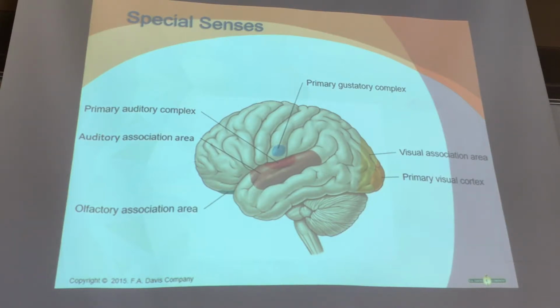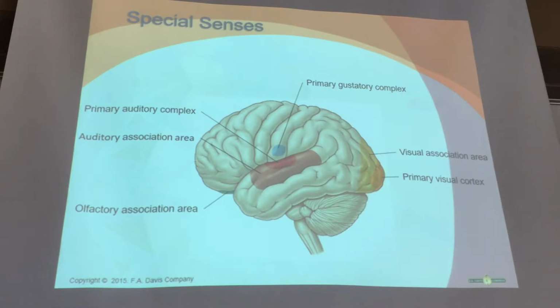Okay, another system in the brain, a little package. Special senses. So our primary senses of, say, taste, of smell, of vision, of hearing, they're also handled by specialized areas in your cortex. Again, remember this is kind of intangible, but just kind of get a visual of where these things are happening.